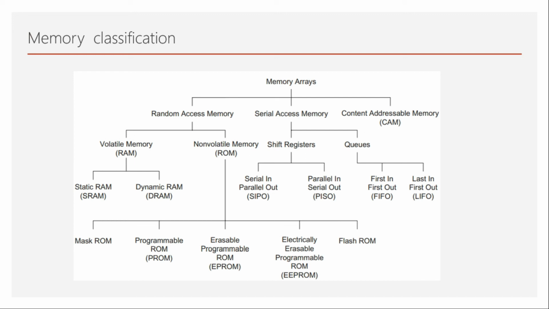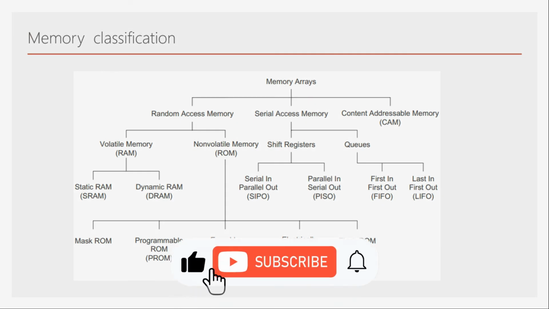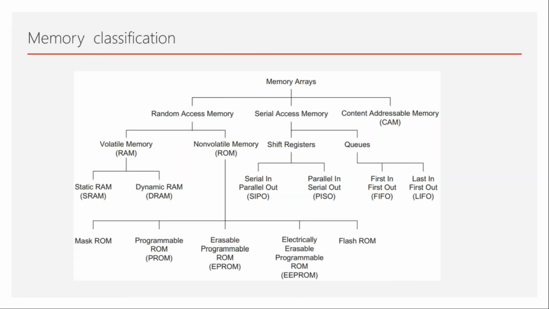And volatile will have static RAM and dynamic RAM, and non-volatile will have mask programmable ROM or programmable ROM, and erasable programmable ROM or electrically erasable programmable ROM, which is EEPROM or flash ROM. Then we have serial access memories, which are shift registers or queues. We will discuss each one of these in detail in this course on memory.